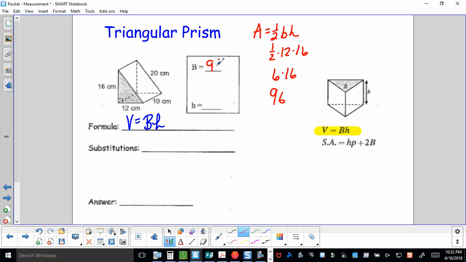So the area of the base, or the area of this triangle, is 96. So 96, and then the height. Well, here's the height if we turn it on its side, so that would be 10. So it would be 960 cubic centimeters.